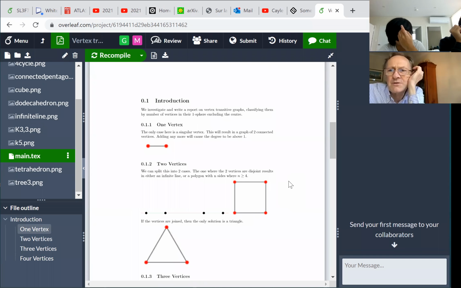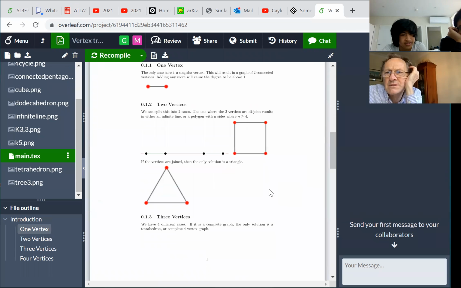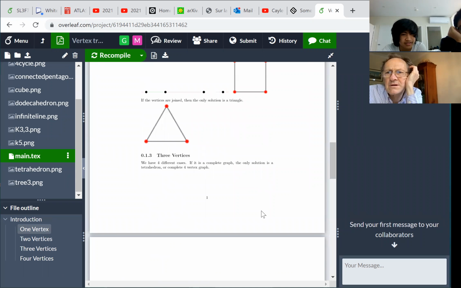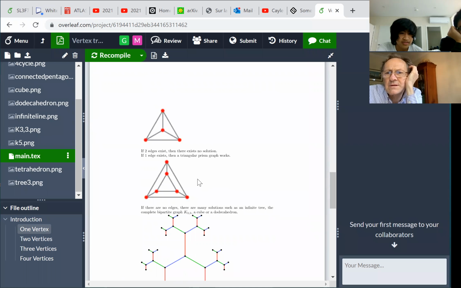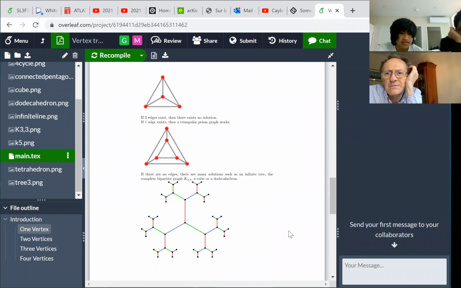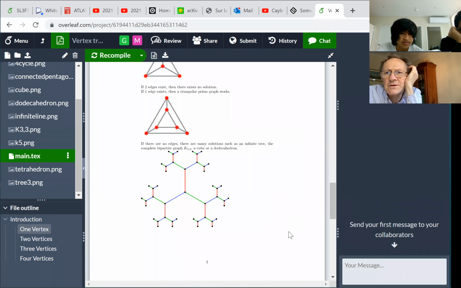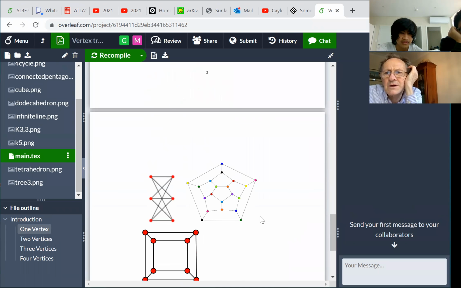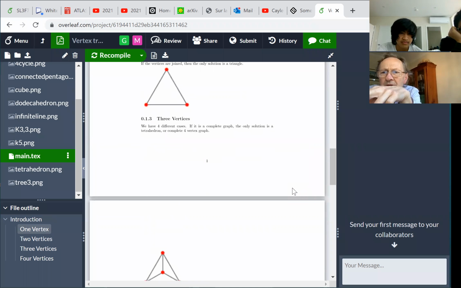All right, good. So one vertex, two vertices. Yeah. So three vertices. Can you just scroll back up a bit? Three vertices.